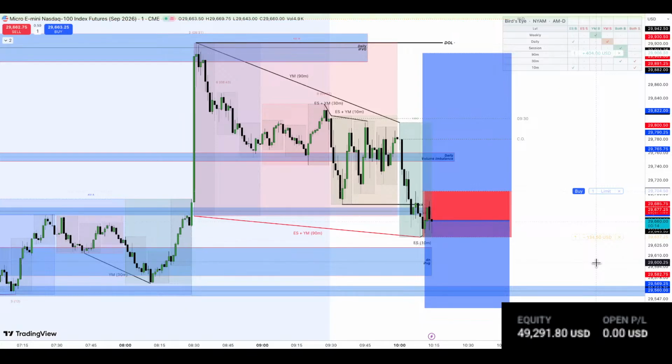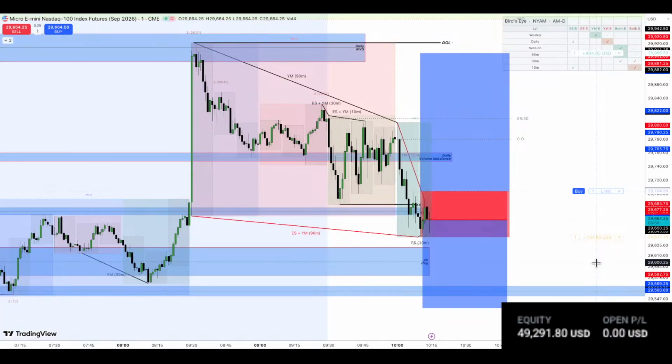I need to see a displacement. If I don't see any, then there's no trade. All I need is a displacement higher plus a change in the state of delivery.